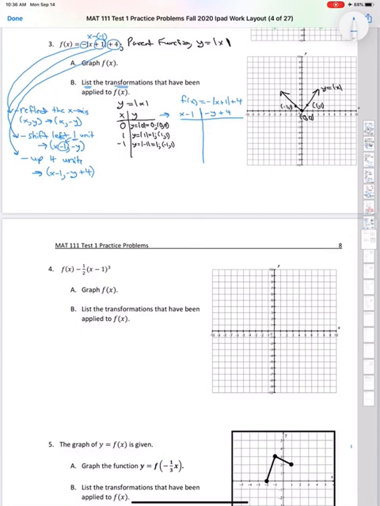So if you take, for example, x equals 0, you have 0 minus 1, which is negative 1. And if you go to the y-coordinate, what are you going to get? You're going to plug 0 into your function.